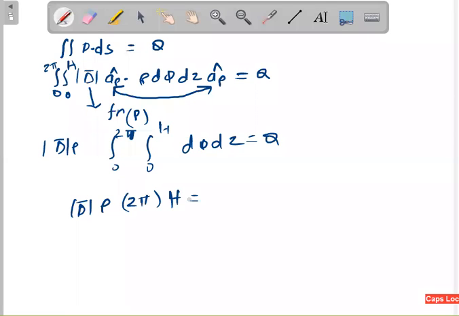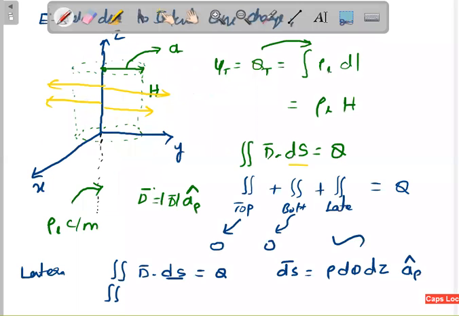And what is Q? In the beginning we calculated Q: Q is equal to rho l into h.